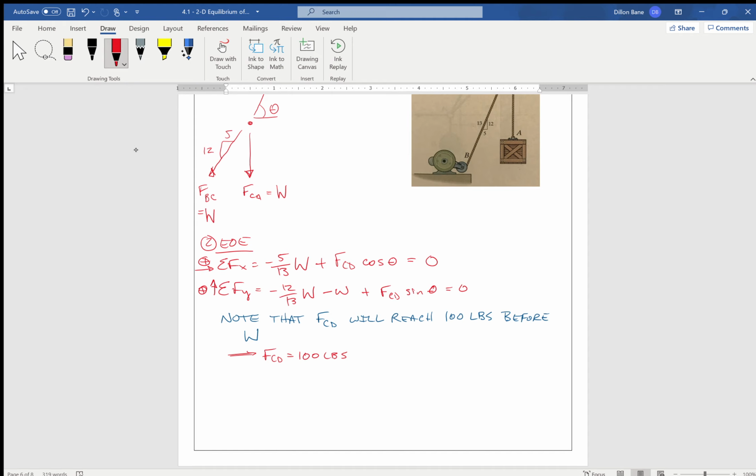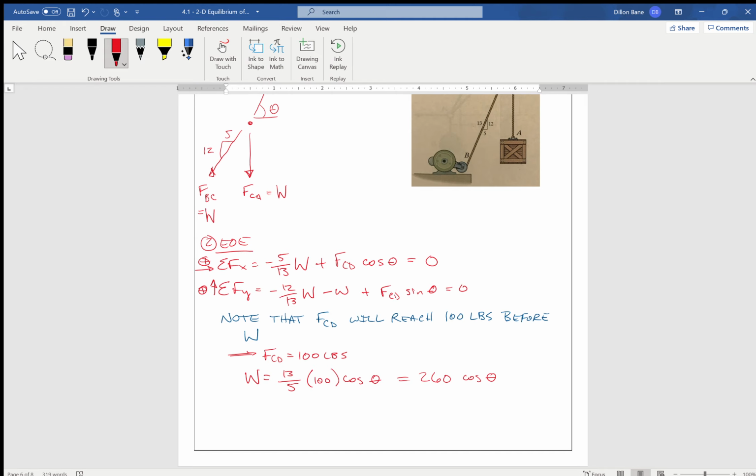What we get is W is equal to 13 over 5 times 100 cosine theta. This is coming from the equation up here. If we know FCD is 100, that's 100 cosine theta. Move the negative 5/13 W to the right side of the equation. This is what we're getting. And if we solve this equation, that comes out to 260 cosine theta.